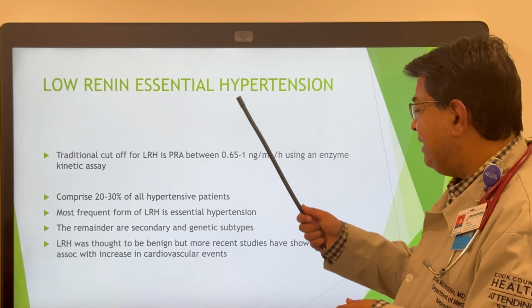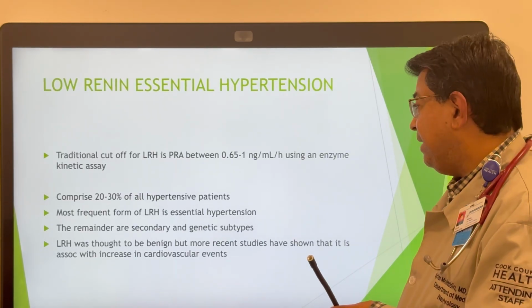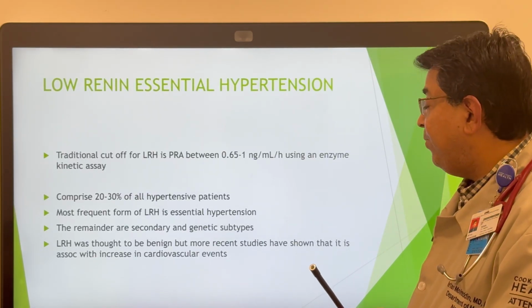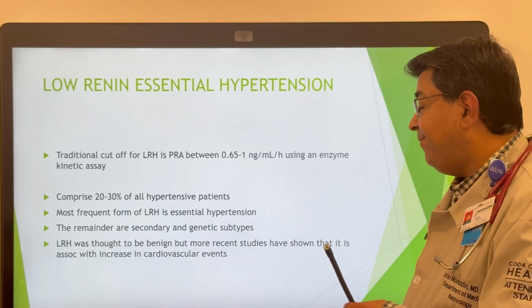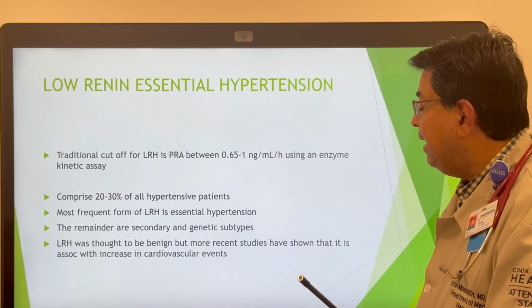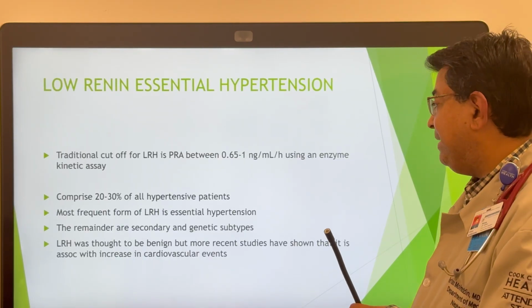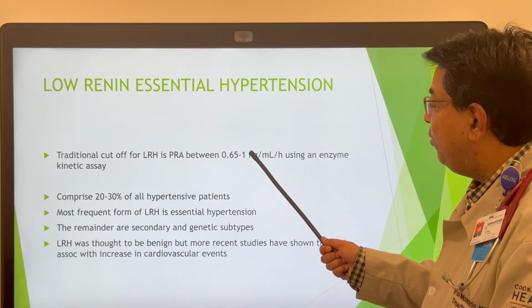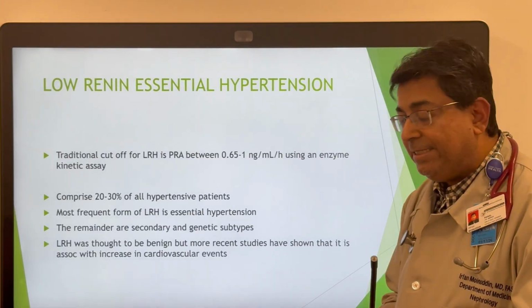So low renin hypertension implies that the renin level is low, and the most common cause of low renin hypertension is low renin essential hypertension. The traditional cutoff for low renin hypertension is a plasma renin activity between 0.65 to 1 nanogram per milliliter per hour using an enzyme kinetic assay.